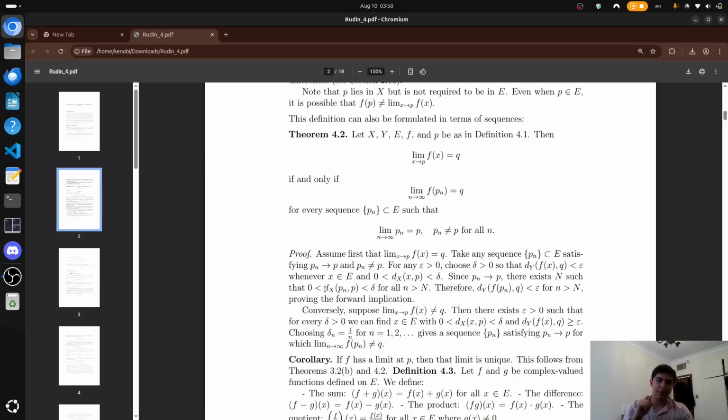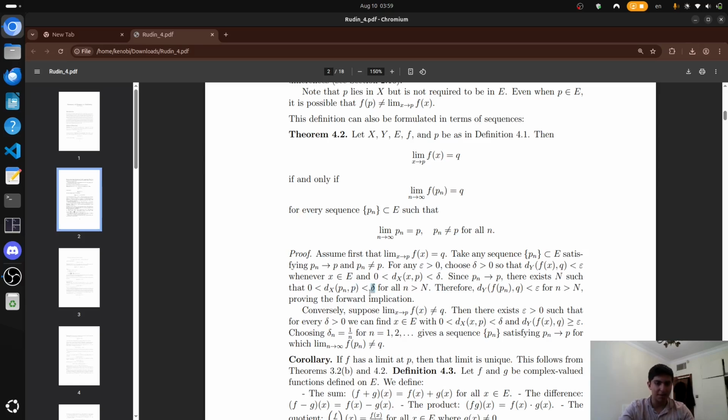In chapter 3, when we talked about limits of sequences, the definition was for all epsilon greater than 0 there exists a number n such that for all n greater than n, the sequence minus that number is less than epsilon.